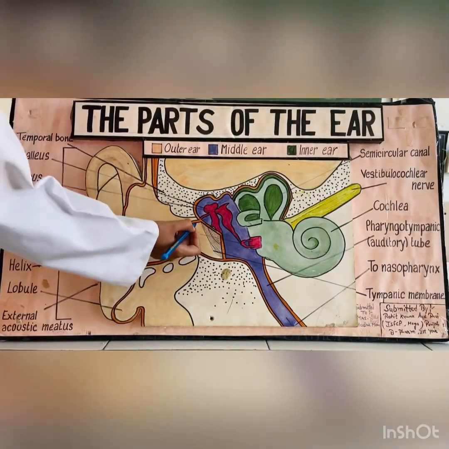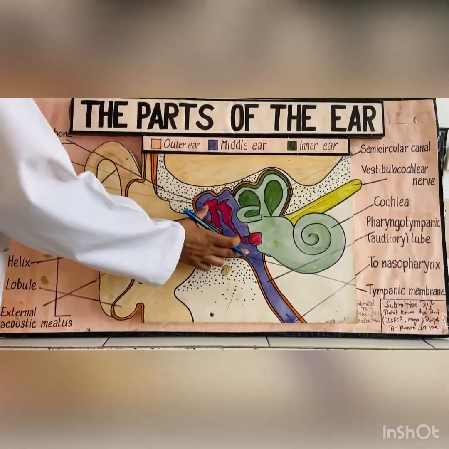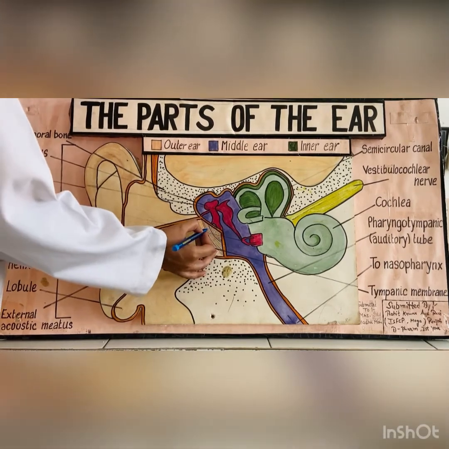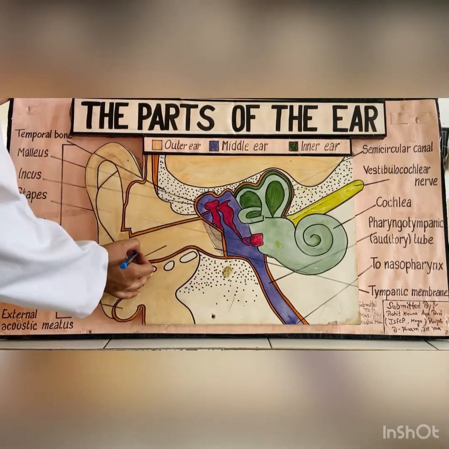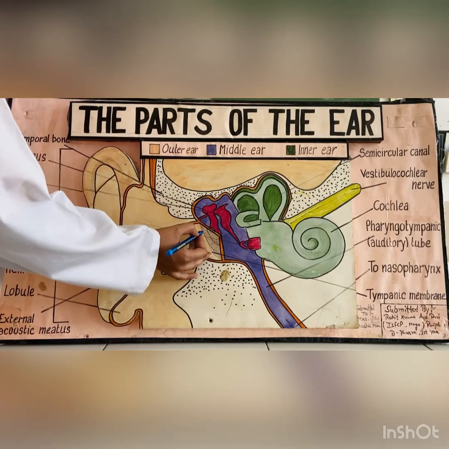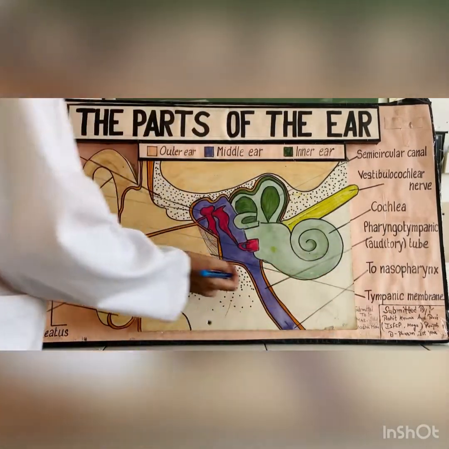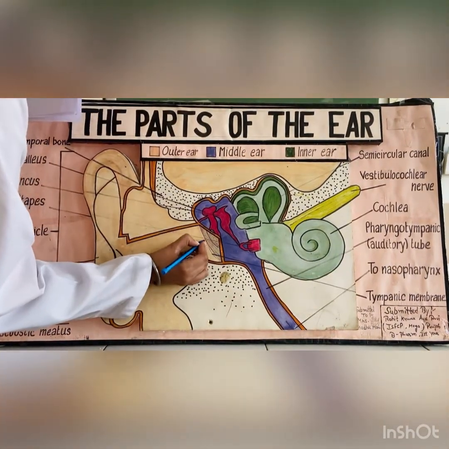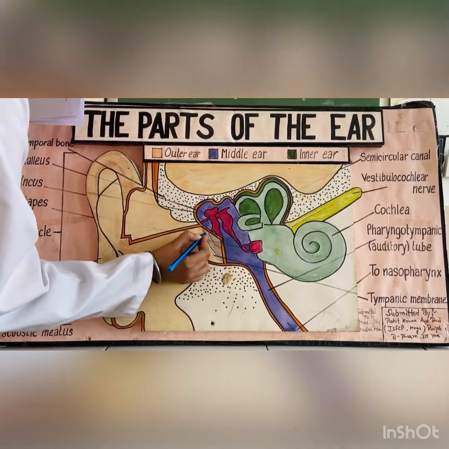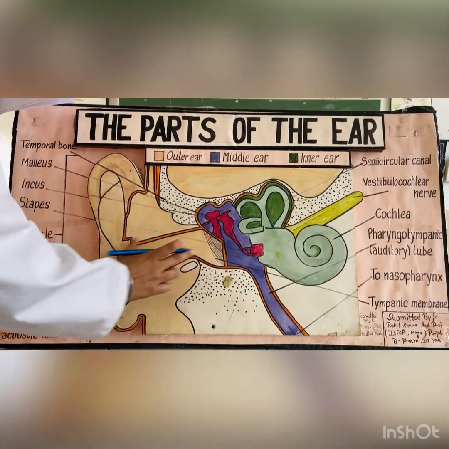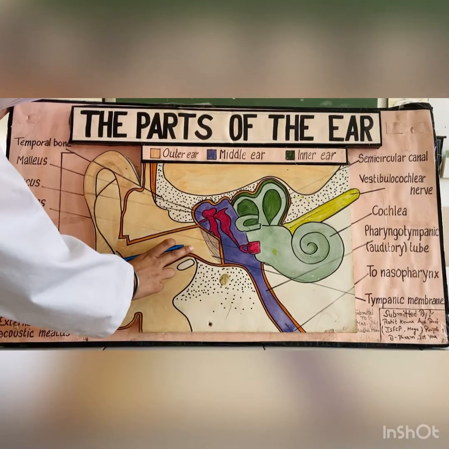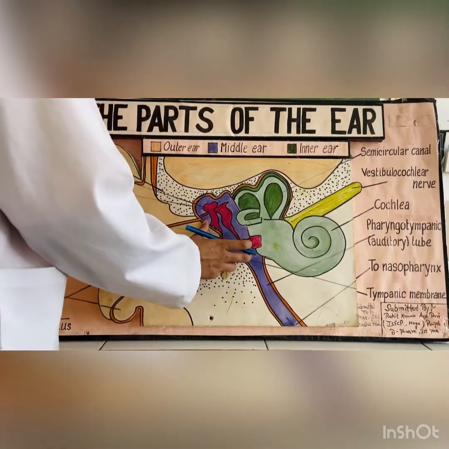The second part of the ear is the middle ear. The middle ear is connected to the outer ear with the help of the tympanic membrane. This membrane is also known as the eardrum. It connects the external acoustic meatus to the middle ear.